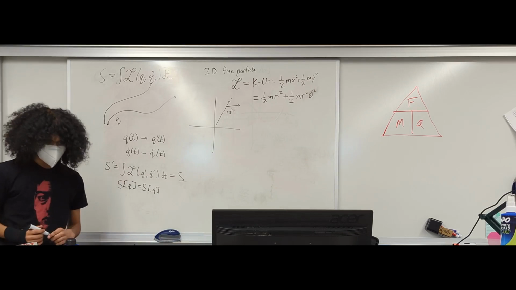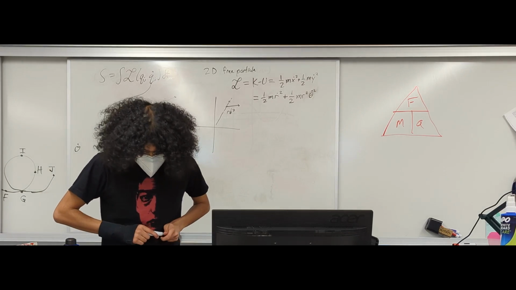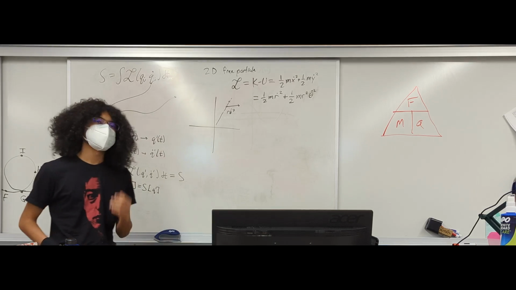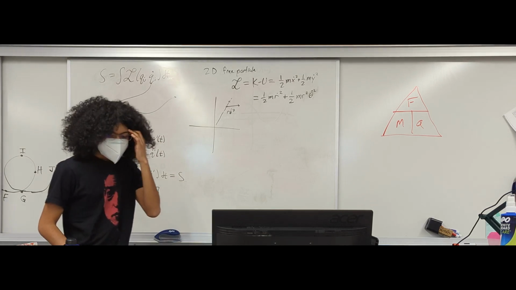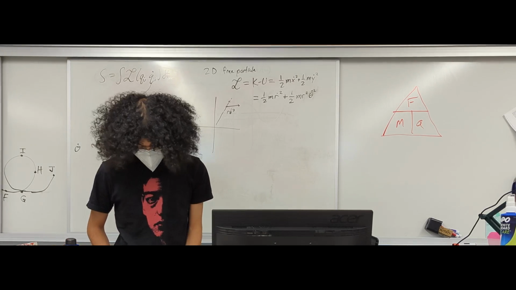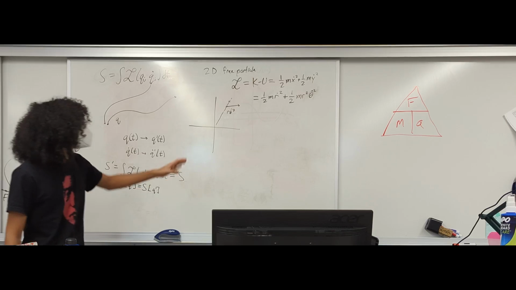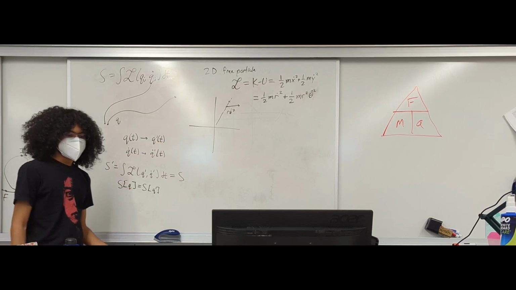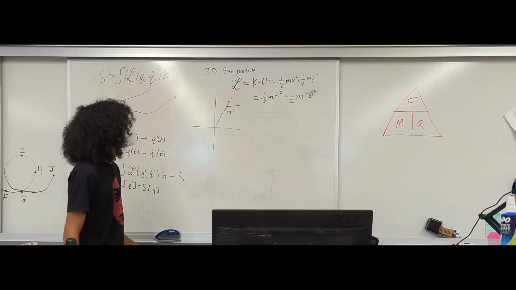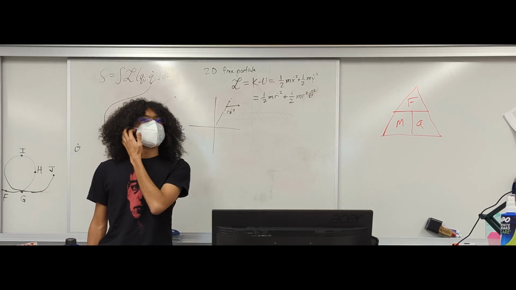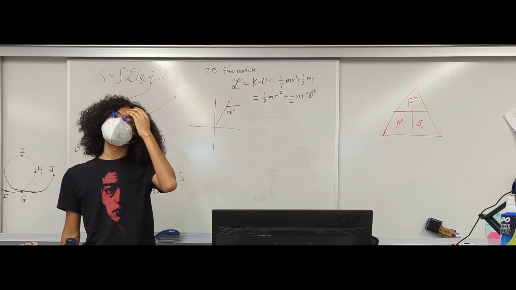Okay. So our two coordinates are r and theta. If I instantaneously rotate the system by some angle, what happens to r and what happens to theta? R remains constant and theta varies.